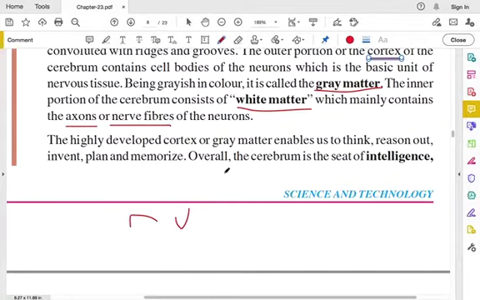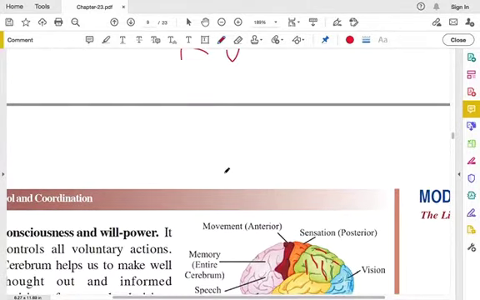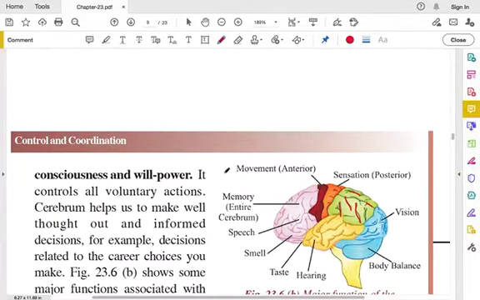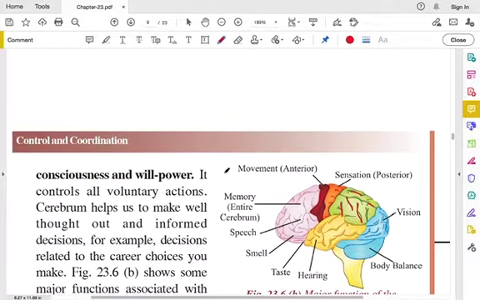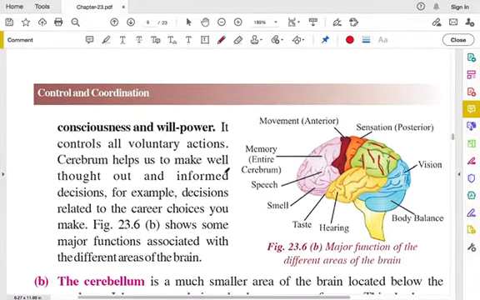So the cerebrum is the seat of intelligence. Thinking power, willpower, consciousness and planning are all taken care of by the cerebrum. It controls all voluntary actions. It is not controlling any involuntary actions like breathing or heartbeat. We think, right? It's a voluntary action.